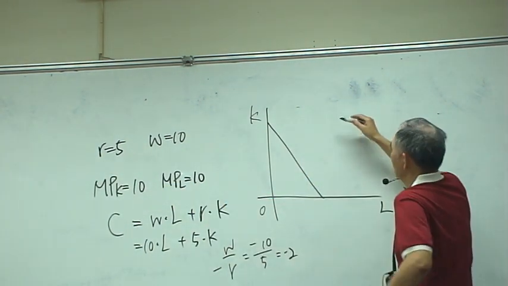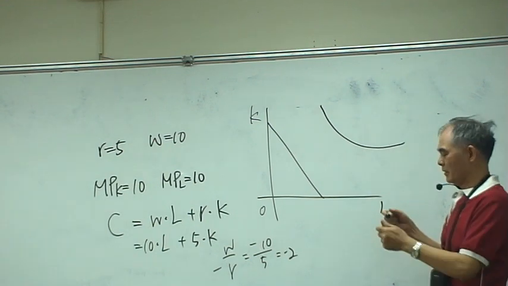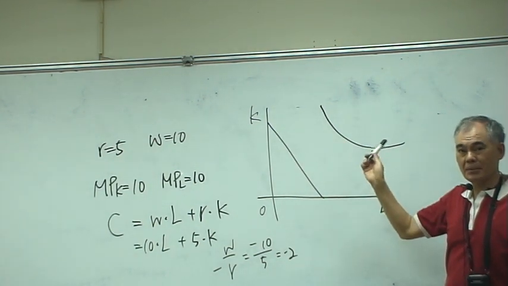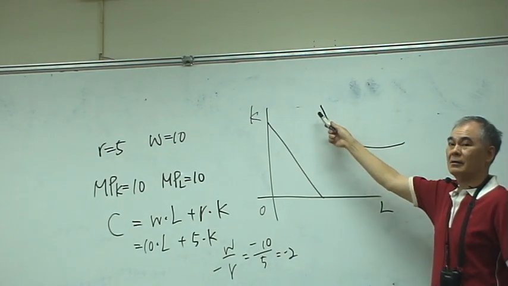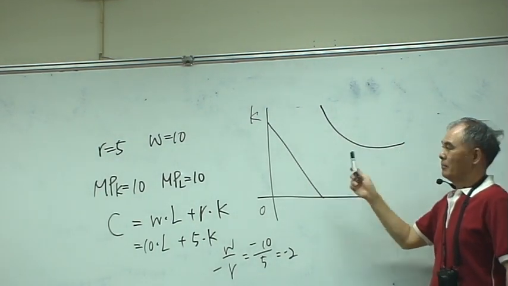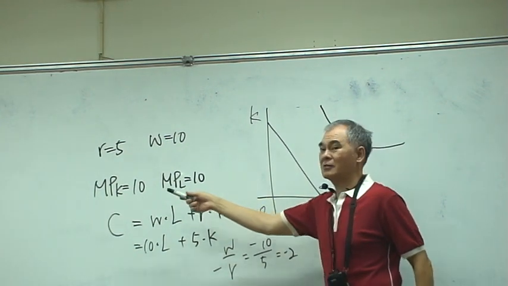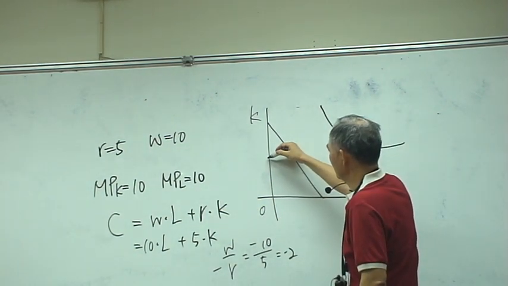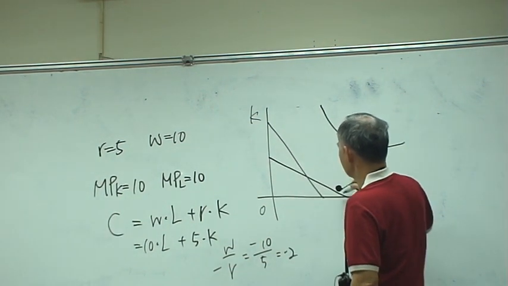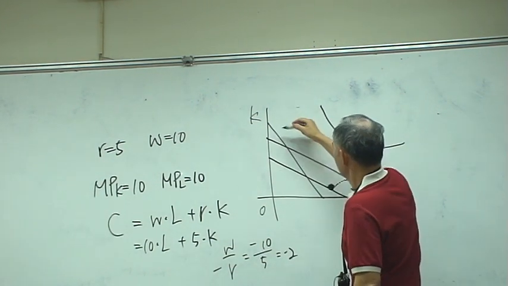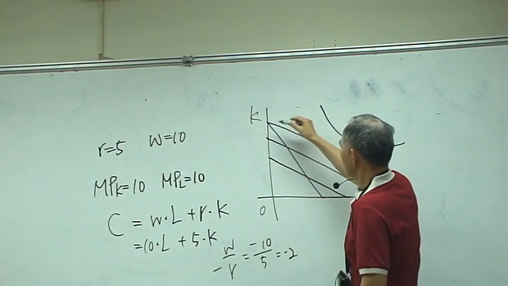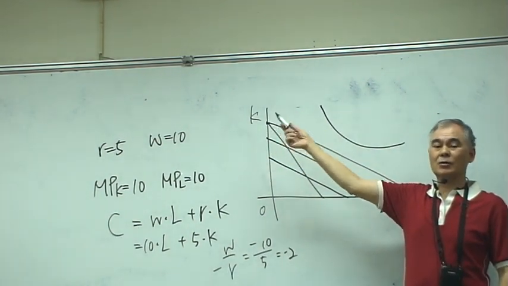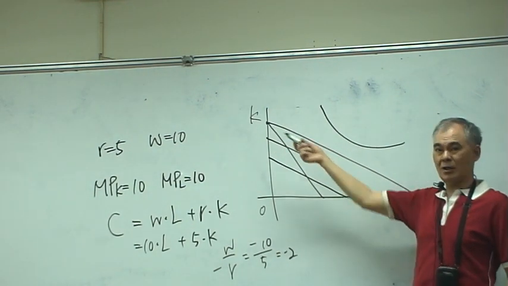If we draw something like this, that means the MRTS is variable, here it is higher, here is lower. But the information gave us sounds like it's constant. So what would you do? You would use something like this. So the solution will be here because you will use all capital and no labor, okay?